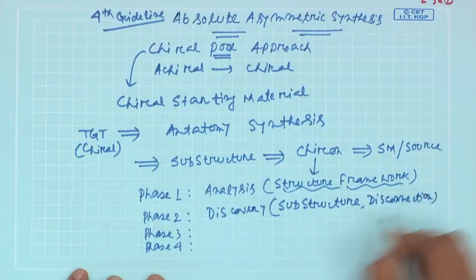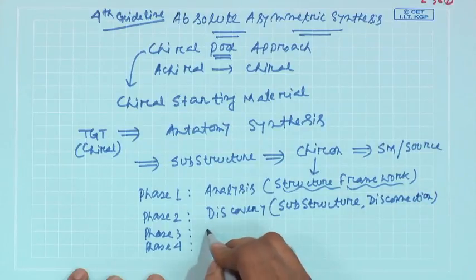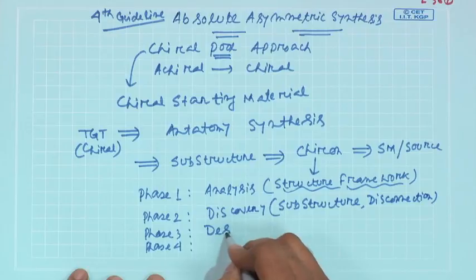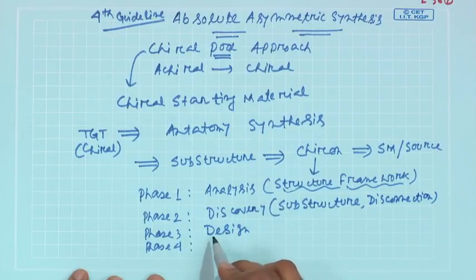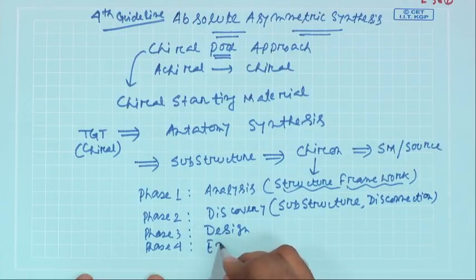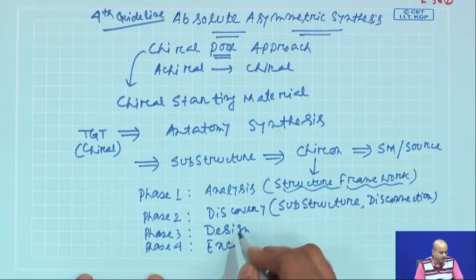Then phase 3 is mainly based on design, how you design this entire pathway, and phase 4 is the forward pathway, the execution, how you will execute the entire pathway.